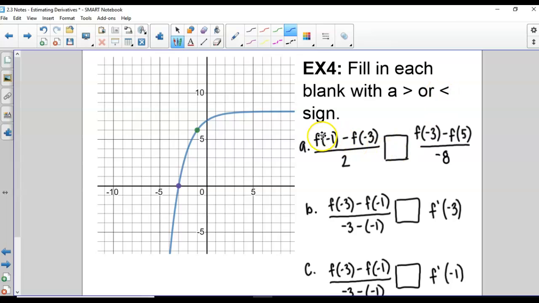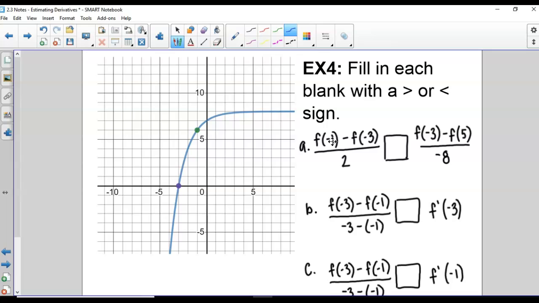So we're supposed to fill in each box here with a greater than or less than sign. And so they've given us stuff like f of negative 1 minus f of negative 3 all over 2, and f of negative 3 minus f of 5 all over 8. So there's a couple ways that you can look at this. On this particular graph, I could find f of negative 1.